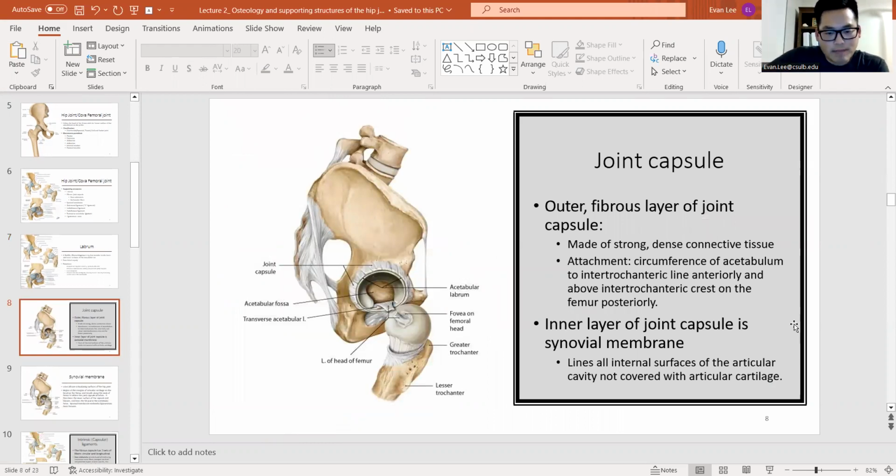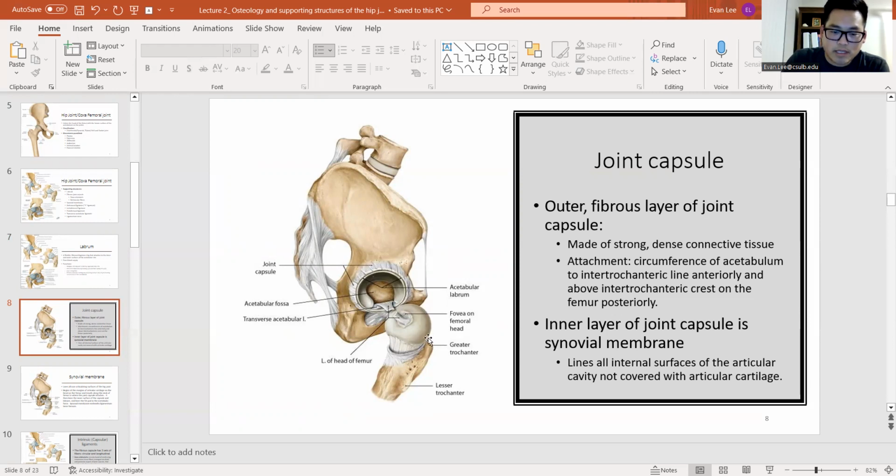Now, the joint capsule is generally on the outside of the inner portions of the joint, but you can see the joint capsule right over here, which is going to be covering basically the whole head of the femur, as well as extending out to the neck as well. So it starts out over here along the edge of the acetabulum, but then it goes all the way over to the intertrochanteric line and intertrochanteric crest.